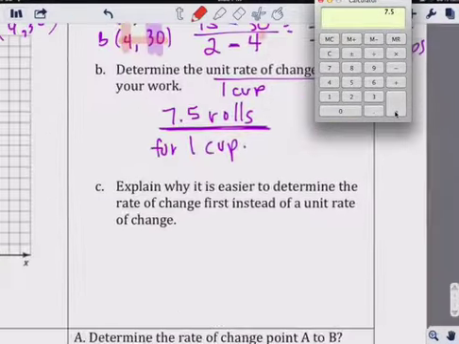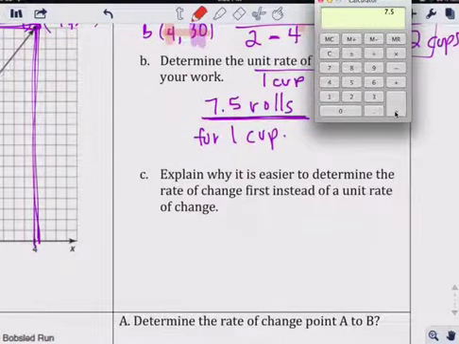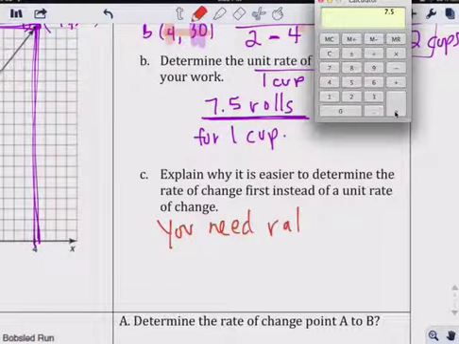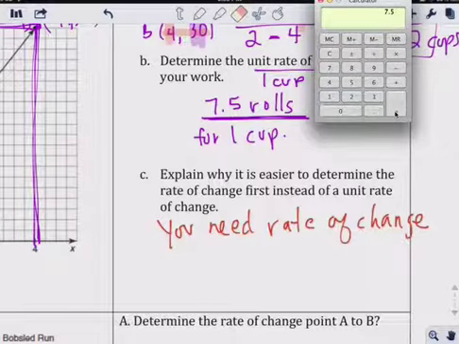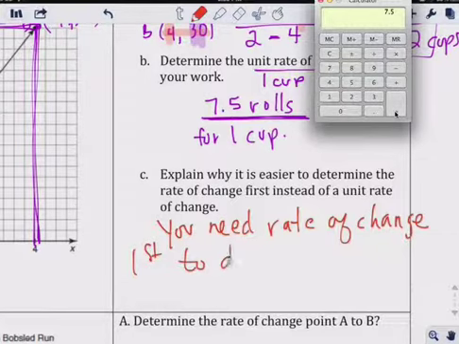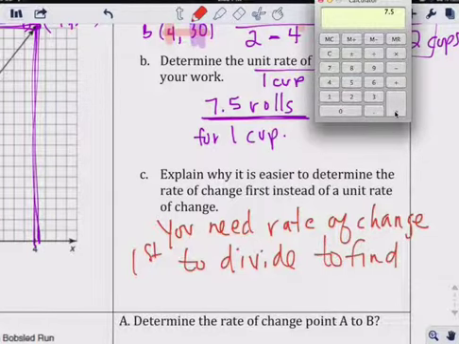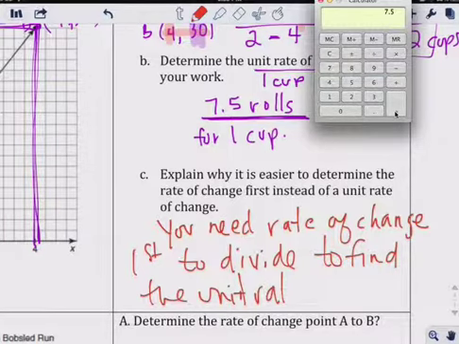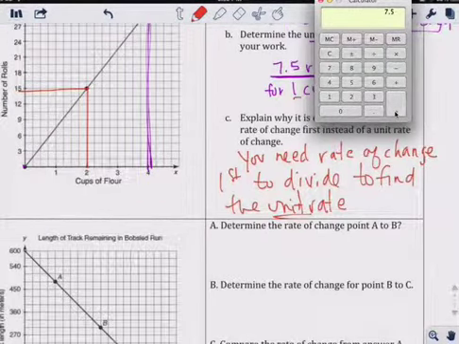Many people can say you need the rate of change first to divide to find the unit rate, or how much is 1? So we want 1 cup.